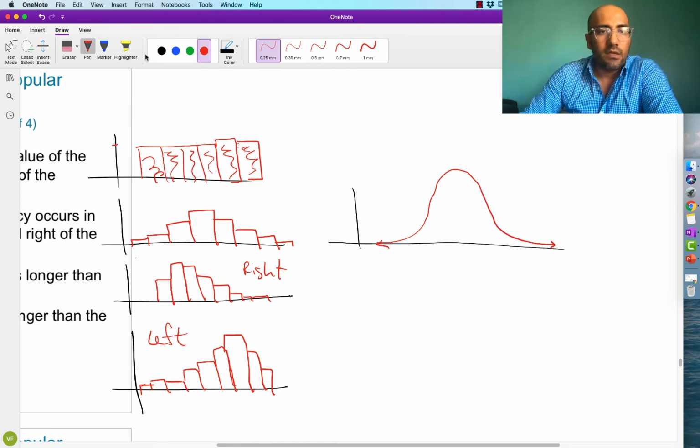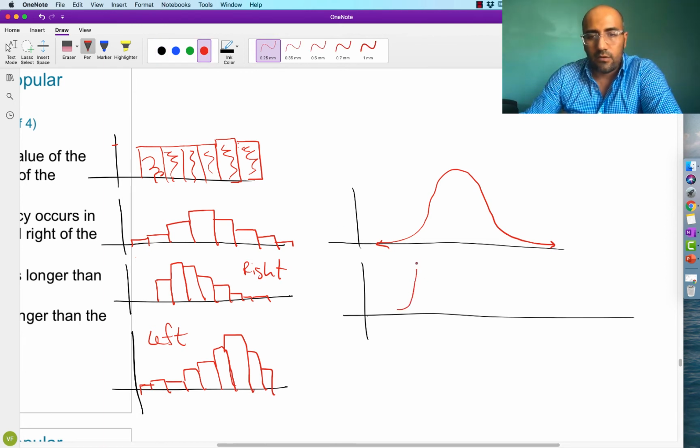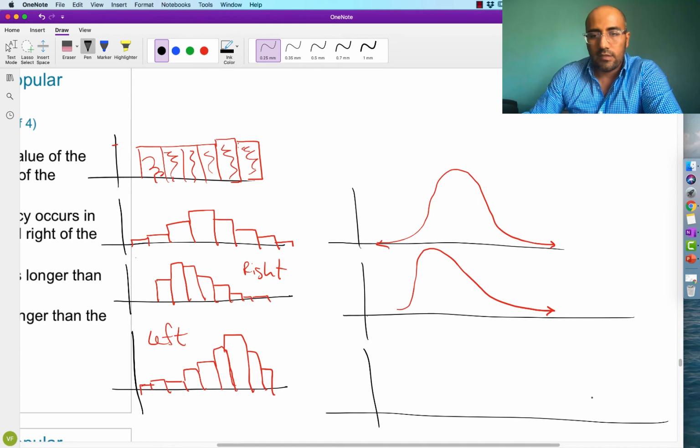So this is a nice bell-shaped distribution, whereas a right tail one would be one where it kind of goes up quickly and then slowly goes that way. And then finally, a left tail one is the opposite, where it slowly builds up to something and then kind of tapers off.